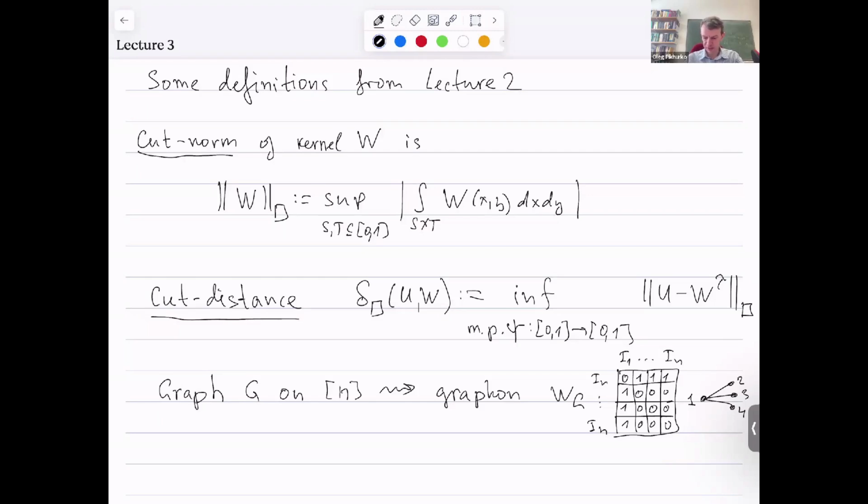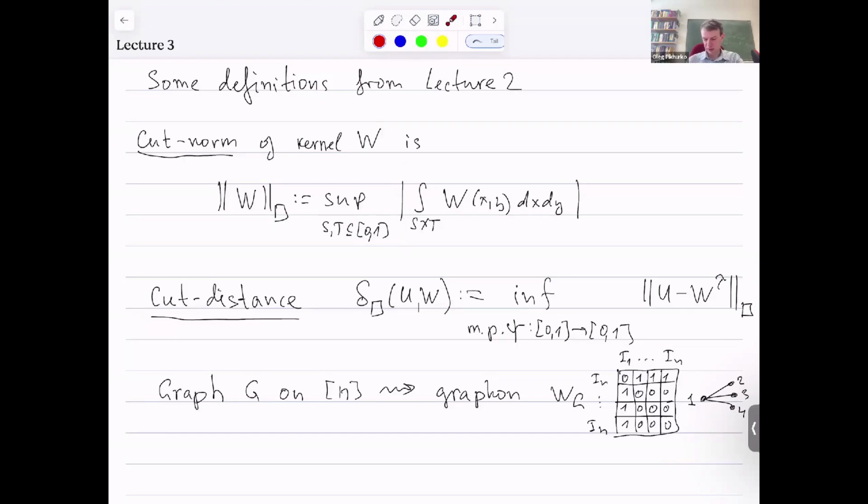If you remember, last time for every two graphons, or even a kernel, which could assume positive and negative values, we defined a cut norm. It looks the same as the L1 norm, except that the absolute value you put on W in the L1 norm, here you put outside the integral.